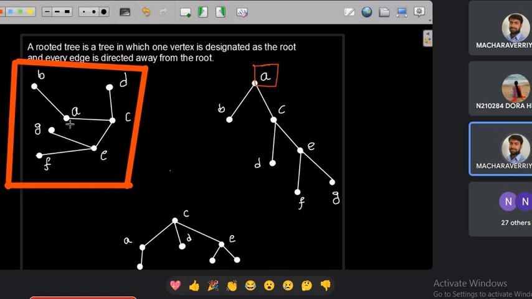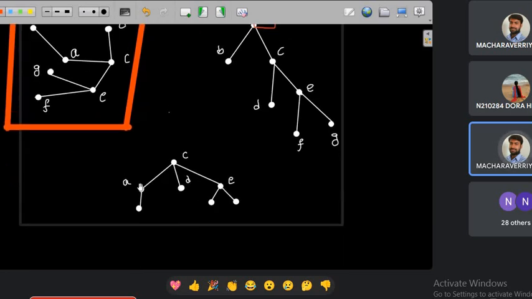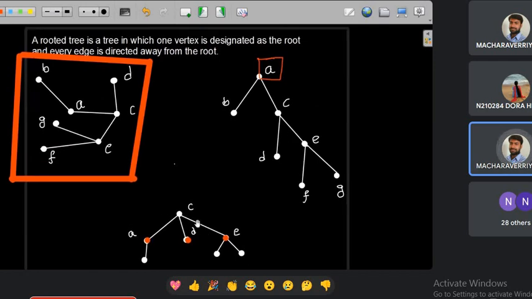See, for the same graph, you can have one more rooted tree. For example, say A is not the root here, C is the root. In that case, you take C first, and the vertices adjacent to C are three vertices, D, A, E. So you write D, A, E. Now you look at these three points.